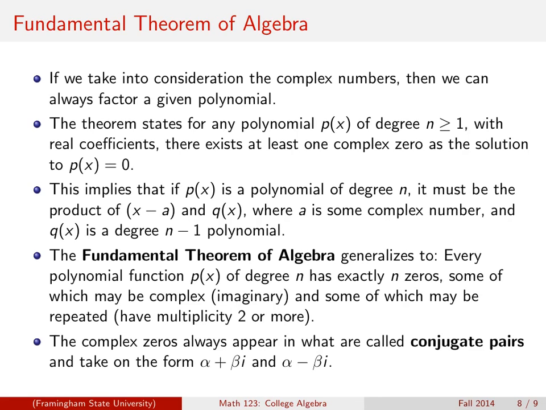Now, the important thing is that if you have one imaginary zero, you're actually going to have the conjugate pair of that imaginary zero. So complex or imaginary zeros always come in pairs. For instance, if you have a zero or solution of 2 minus 3i, you will have 2 plus 3i as well.